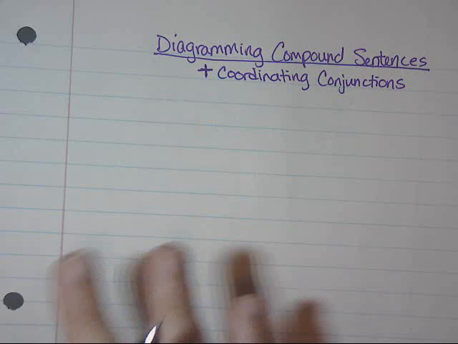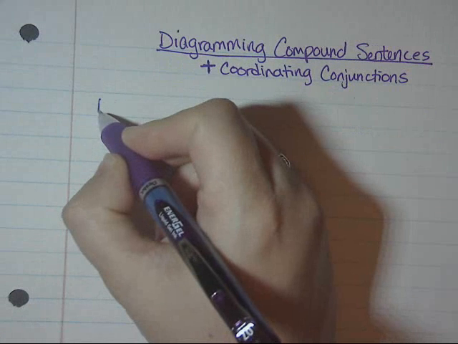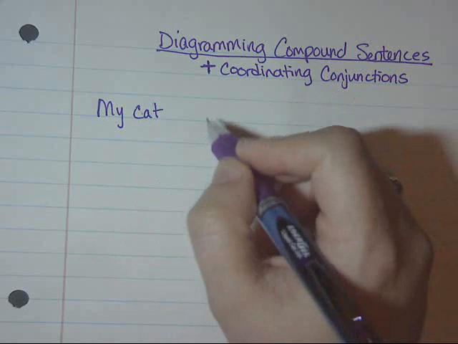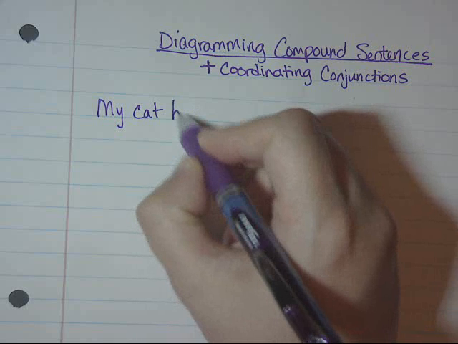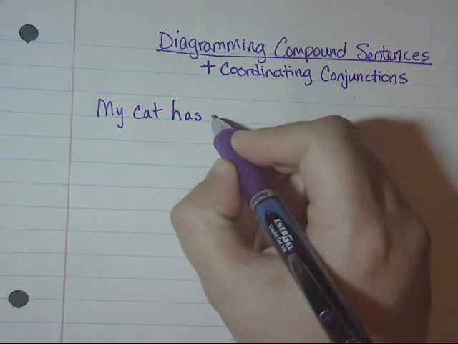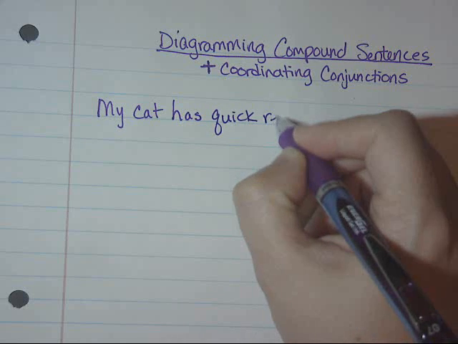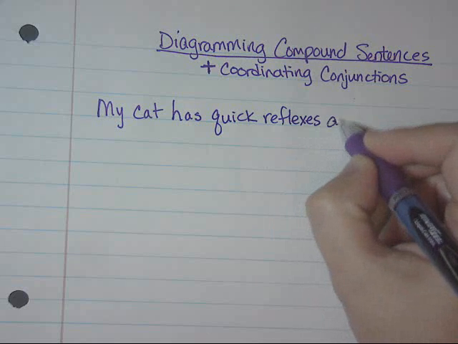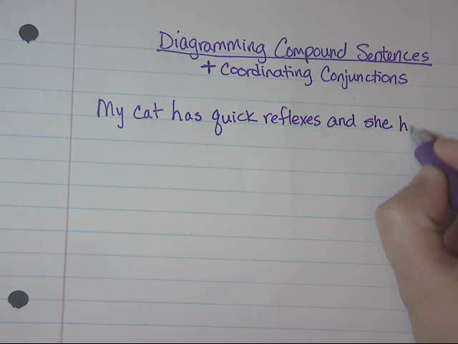Now, to give you an example, if we said, my cat, whose paw may enter this picture at some point, my cat has quick reflexes and she hunts well.